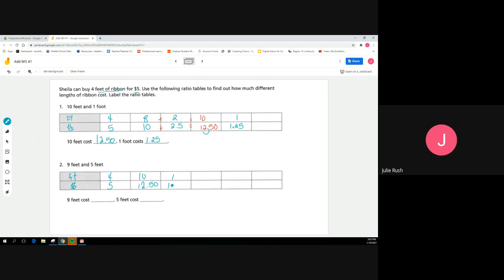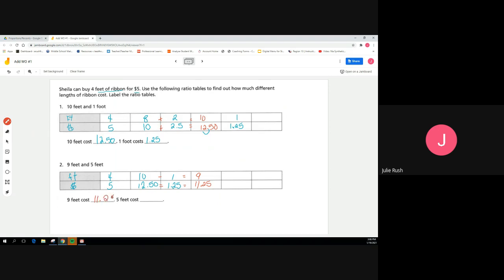And that's exactly what I'm going to do. So now I've got what I need in these 2 columns to subtract. So 10 minus 1 equals 9. And $12.50 minus 1.25 equals $11.25. So 9 feet costs $11.25.